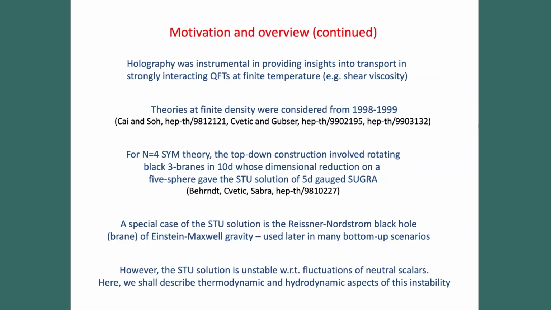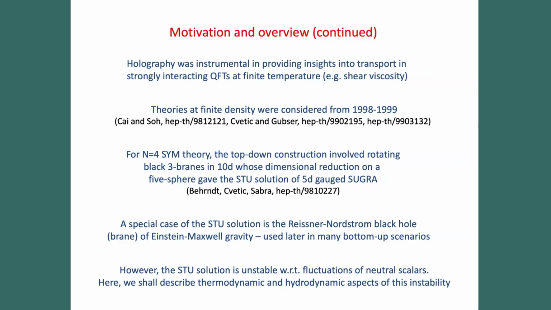And the supergravity, the low energy limit of string theory in 10 dimensions, then reduces to 5-dimensional gauged supergravity. And this supergravity has solutions which allow us to introduce chemical potentials. A very special case of the solution which we'll be talking about is the so-called STU solution, which was discovered by Behrndt, Cvetic and Sabra in 1998, a long time ago.